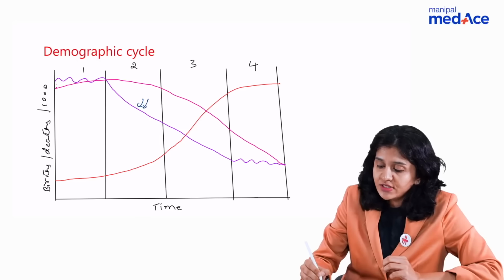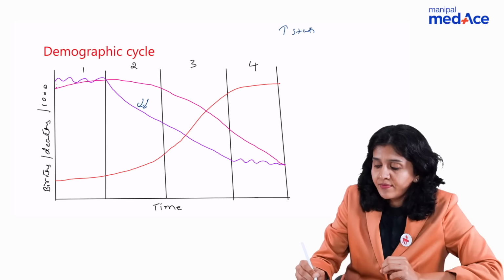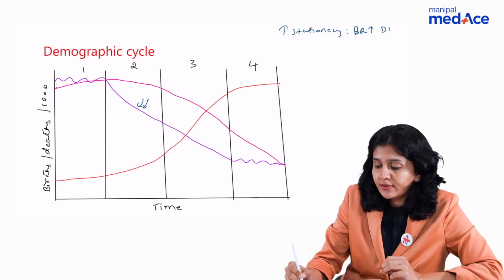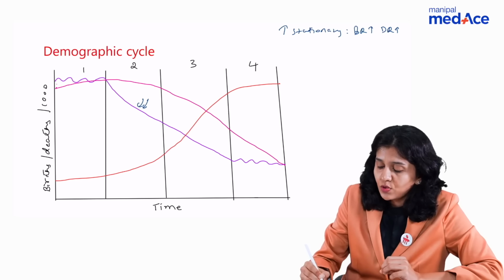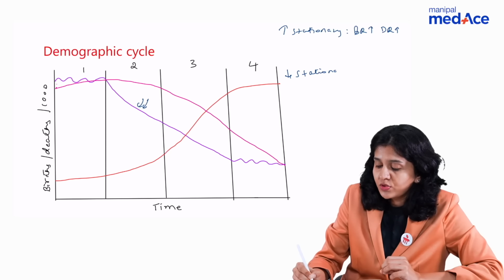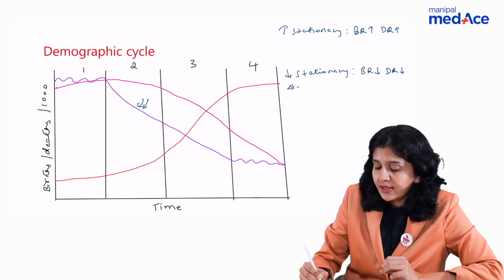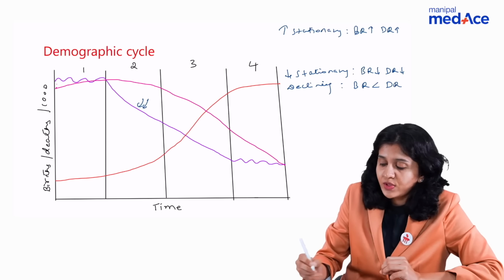So what is the first stage? High stationary, right? In case of high stationary, what is there? Birth rate and death rate both are high. Okay. What is low stationary? Which is the fourth stage. Birth rate and death rate both are low. What is declining? Birth rate is less than death rate. What is the second stage?